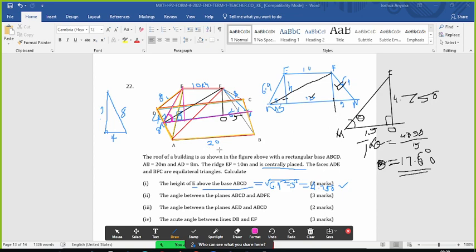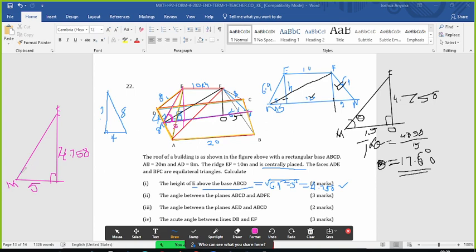Then extract this triangle, which is at E and at M. Remember, this one was 4.758, the perpendicular height we were looking for, and this one is 5 because this small distance here is 5.